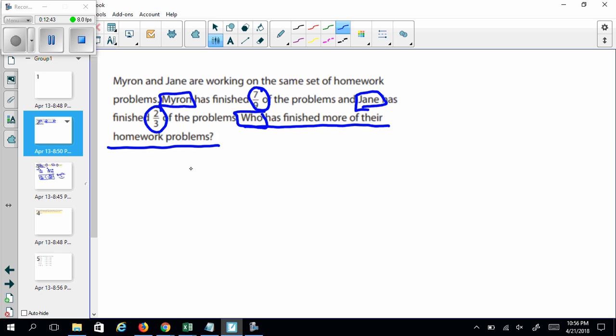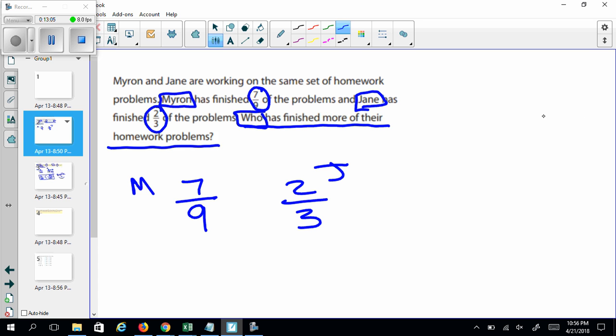Now, we're going to compare Myron, who did 7/9 of the problems, with Jane, who did 2/3 of the problems. Now, I have a problem because I don't have the same numerator and I don't have the same denominator. So I have to make the denominators the same, okay?